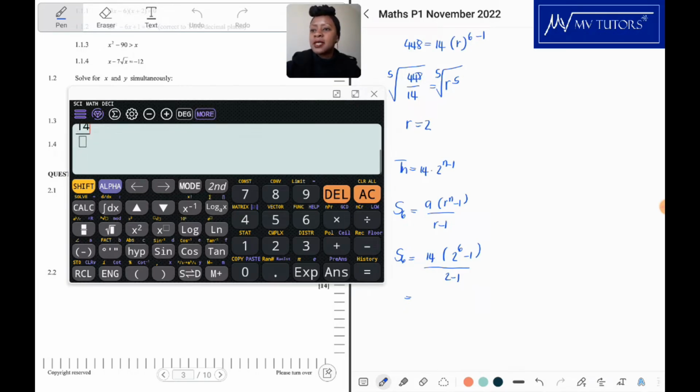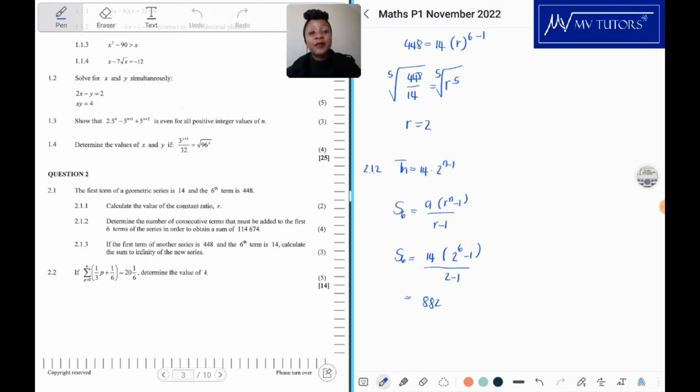So we have 14, and in brackets we have 2 to the power 6 minus 1. Close the brackets, all over 1, and that is equal to 882. Okay, so that is the sum of the first 6 terms.